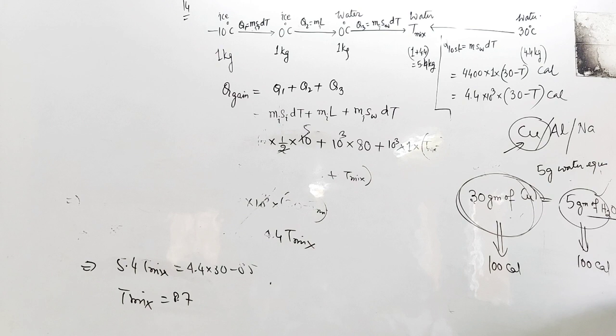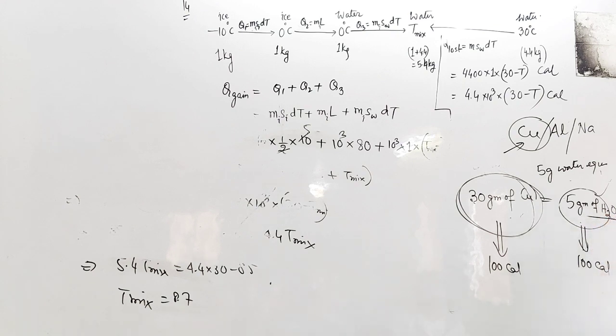So 5 gram of water is equivalent to 30 gram of copper in terms of heat present inside it. We will calculate it from the water.